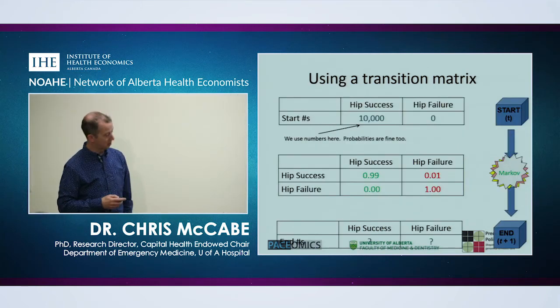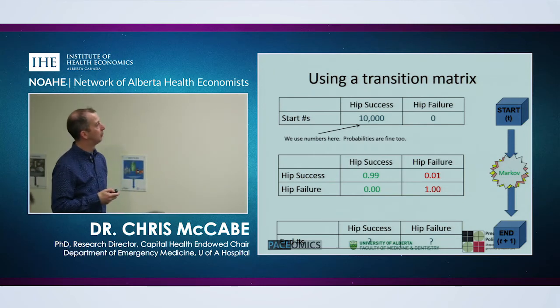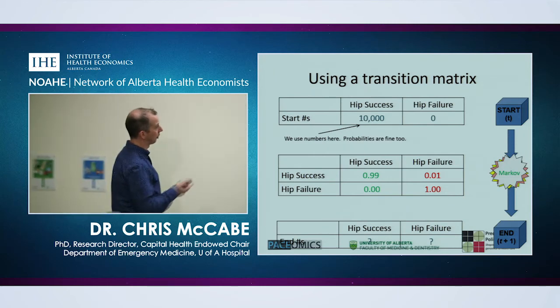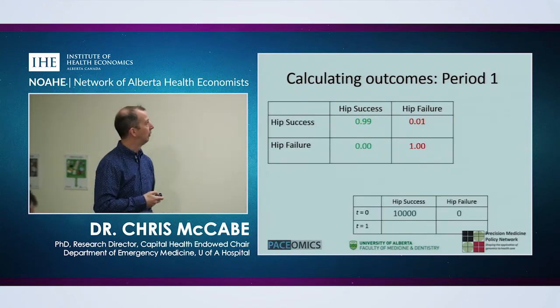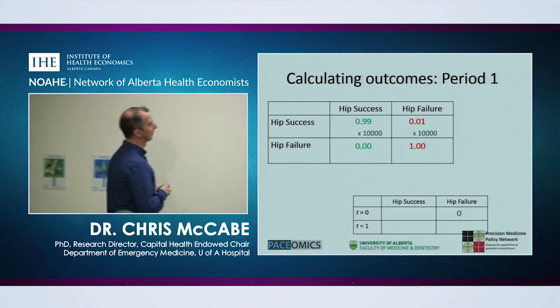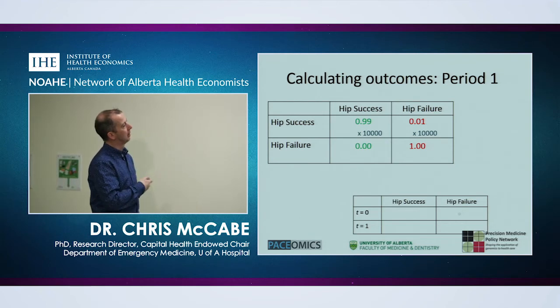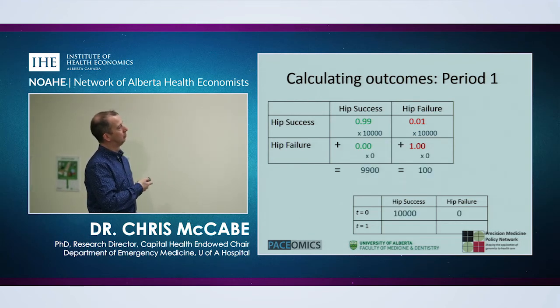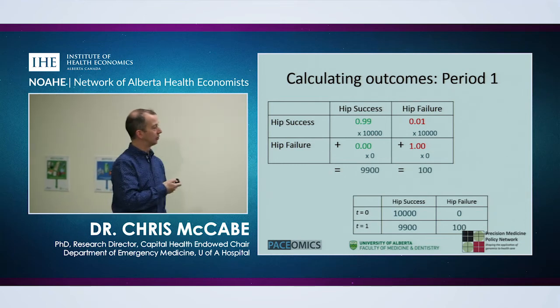So to show you how it goes a little bit more, here we're starting with 10,000 patients. We've got that same transition matrix. So what do we get? We multiply the cohort by the probabilities, and that tells us what we have in cycle 2.